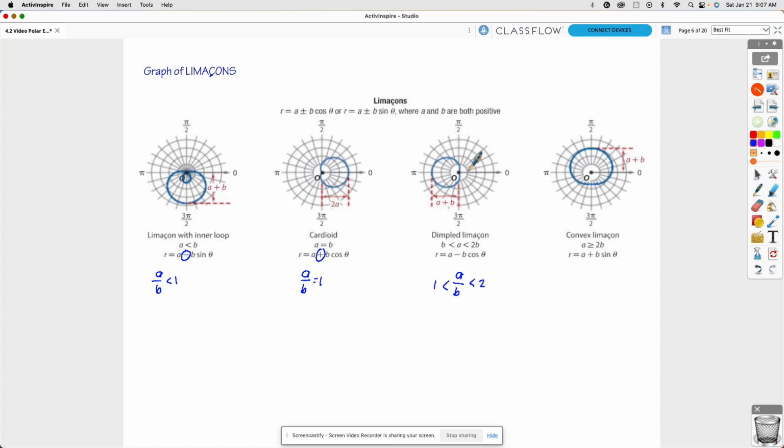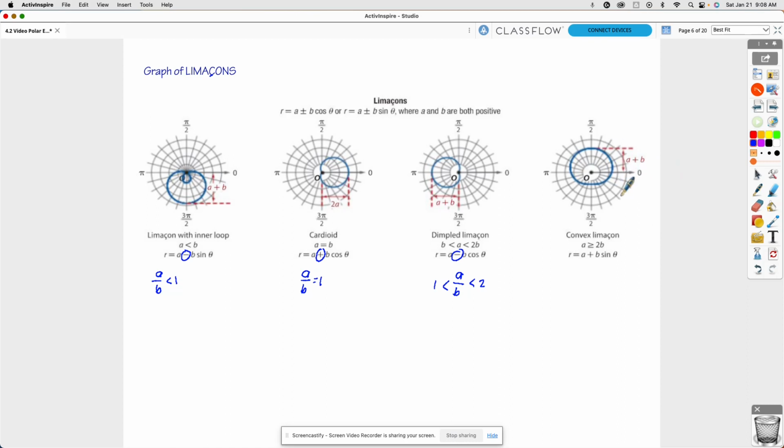However, usually this point is not at the origin, so it all depends on the values of A and B. This one has the equation a minus b cosine theta. Again, since it's cosine, it is symmetric with respect to the horizontal axis, and it's on the left side because this is negative.